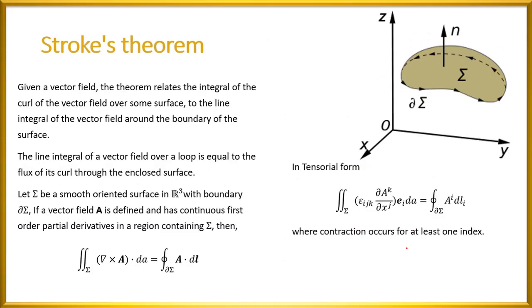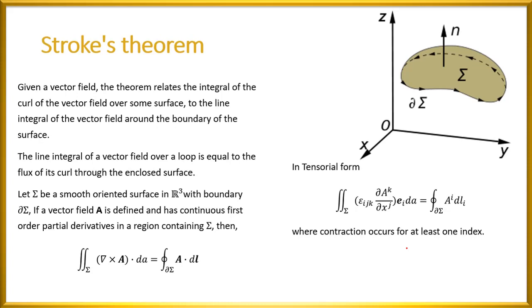Similarly, in the case of Stokes theorem, you know that Stokes theorem says that in a given field, we can relate the integral of the curl of a vector field over some surface to the line integral of the vector field along its boundary. That is, the line integral of a vector field over a loop is equal to the curl integrated over that surface. Here the surface is considered as sigma.